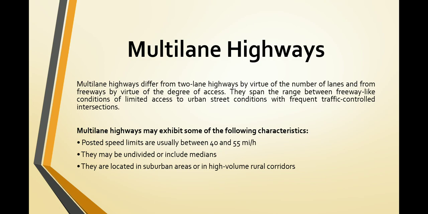Multi-lane highways may exhibit some of the following characteristics. Posted speed limits are usually between 40 and 50 miles per hour. They may be undivided or include medians. They are located in suburban areas or in high-volume rural corridors.